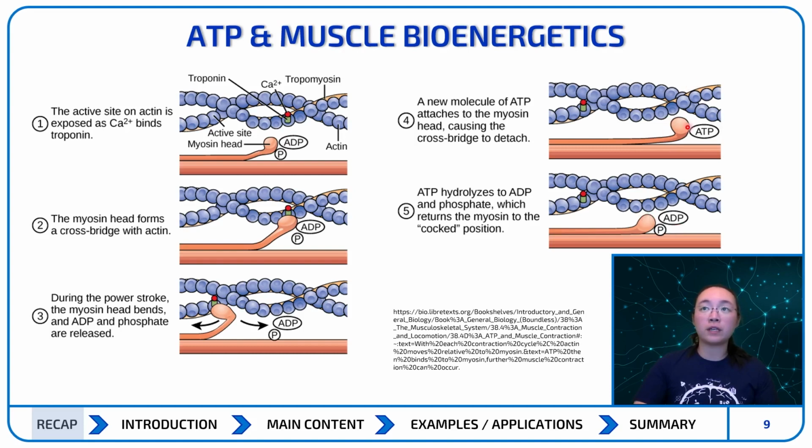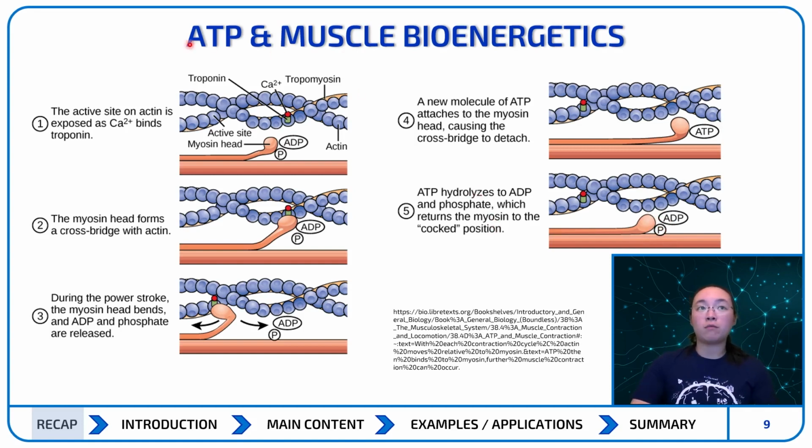The head goes from a backwards angle to a forward direction, called the cocked position. It's now ready to bind to actin if the sites are available. ADP and phosphate remain attached until later, and the myosin is now in a high energy state.